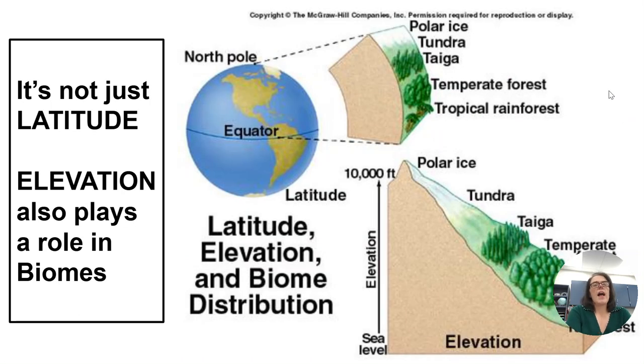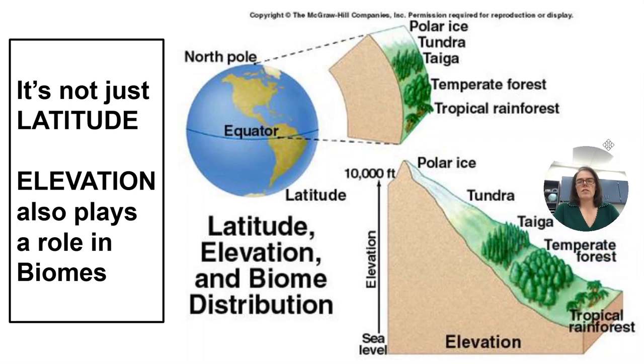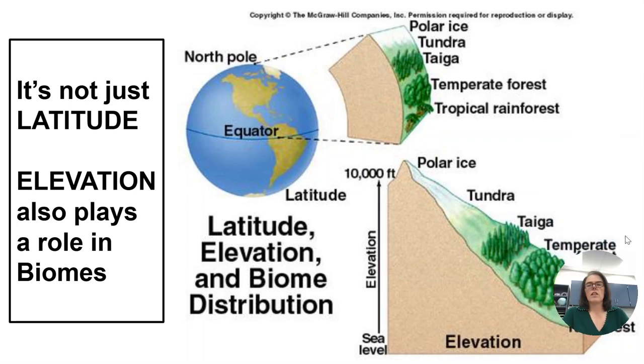All right, so it's not just latitude that makes a difference. Elevation also plays a role. My favorite place to look at this myself is, of course, in Hawaii, Mauna Kea, Mauna Loa, on the Big Island of Hawaii.